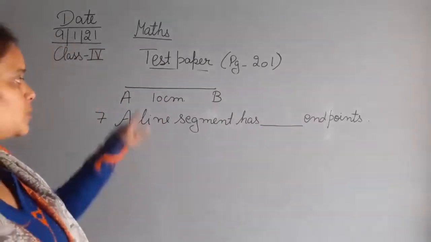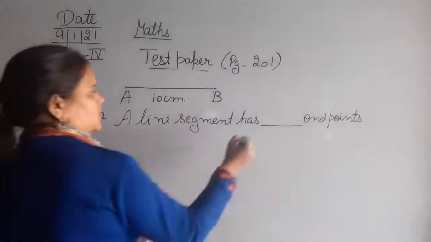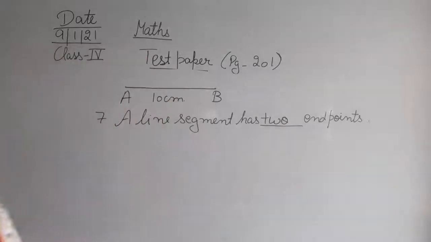How many end points you can see here? So a line segment has 2 end points. Clear?